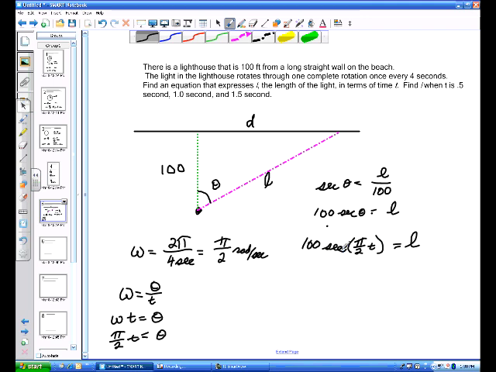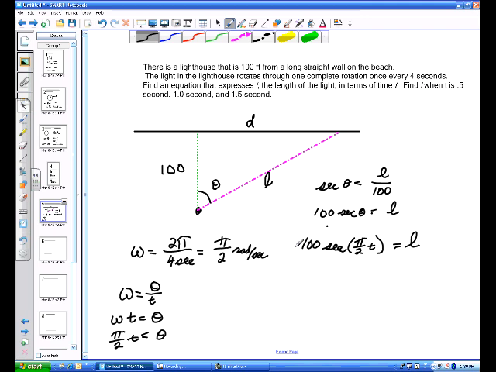Remember, the secant's the reciprocal of cosine. Cosine of 0 is 1, so the secant of 0 is 1. And 100 times 1 would be 100. So we can see at the start then the length of that line, because this would be right back to here, it'd be shining straight down the wall, would be 100.